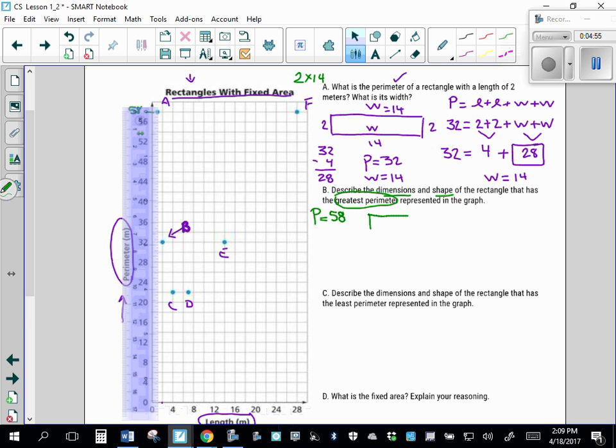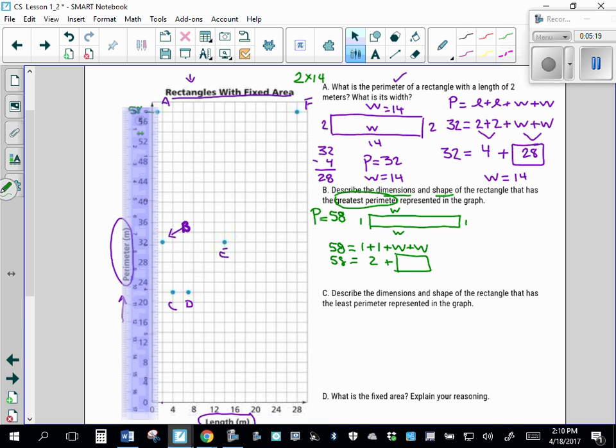I don't know the width. And so I'm gonna do the same process again. I'm gonna make an equation. I know the perimeter, 58, has to be equal to the length plus the length plus the width plus the width. So that's 2 plus something has to be 58.